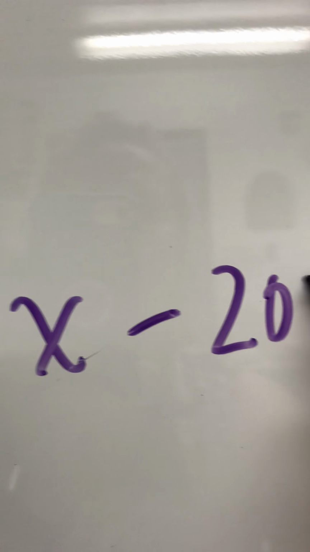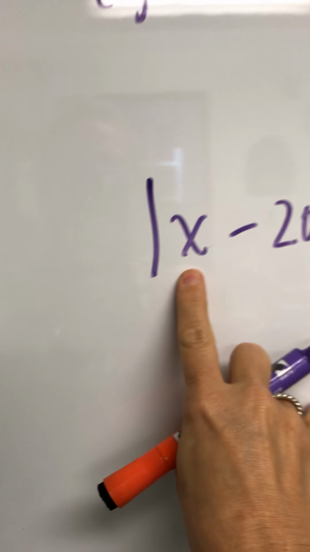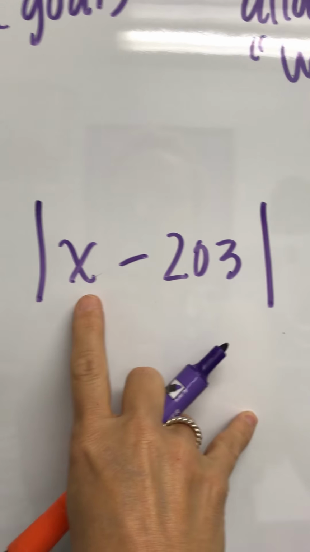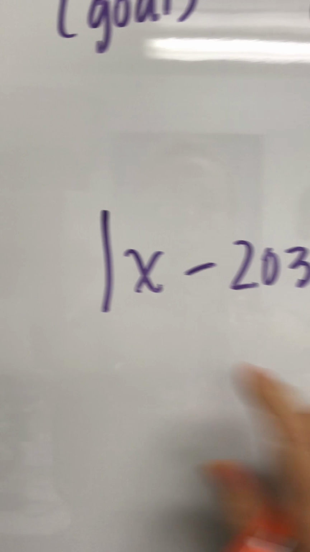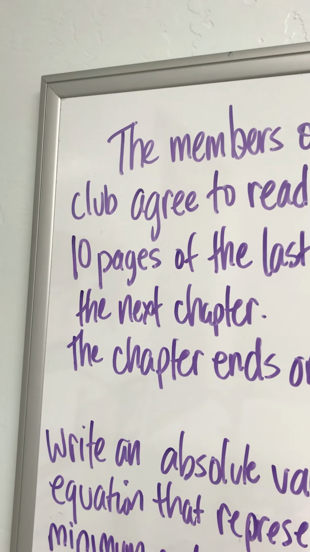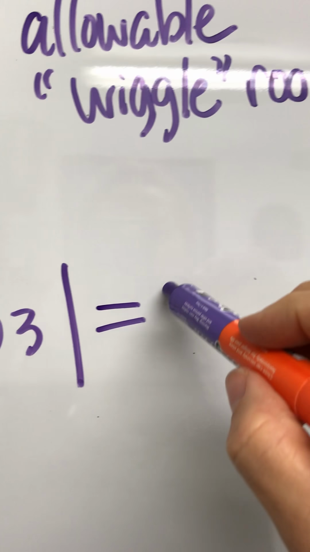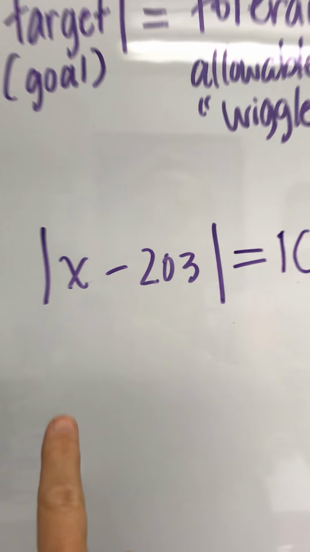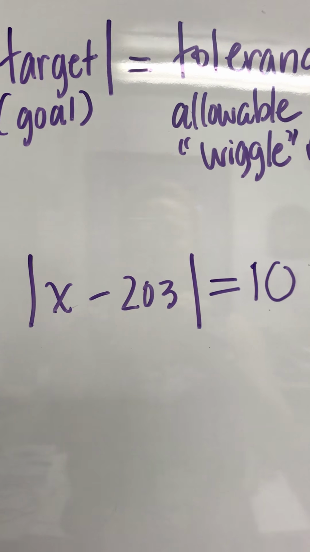So we're going to go ahead and say x minus 203, our page number, if we subtract 203 from the page number, this is for the max or min, we're going to get that allowable wiggle room within 10 pages. So that equals 10. That is the absolute value equation that represents this word problem.